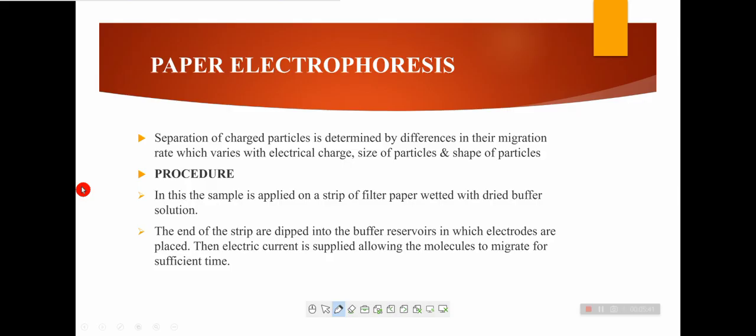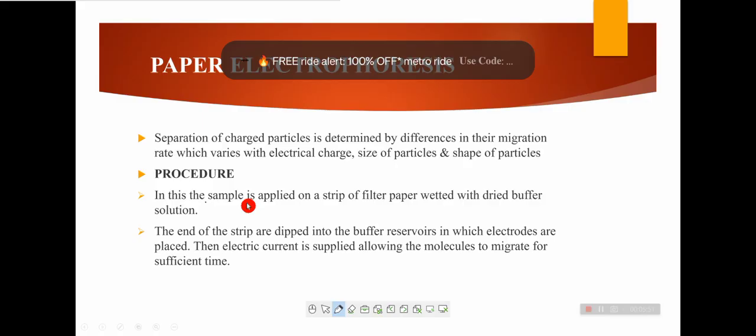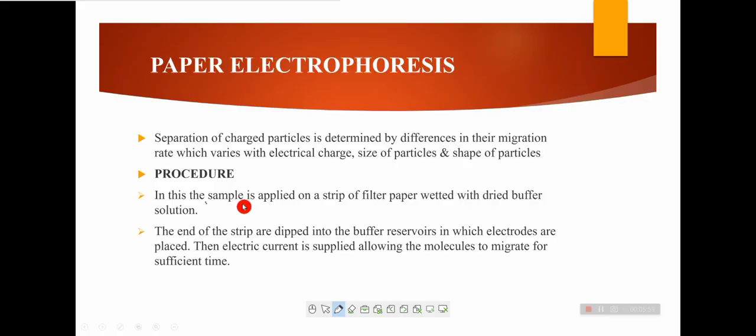In paper electrophoresis, the sample, whatever sample we are taking, such as a plasma sample for the separation of proteins, is applied on a strip of filter paper wetted with dried buffer solution.